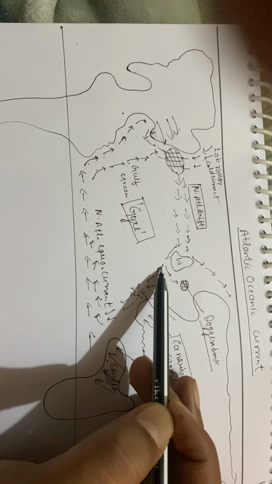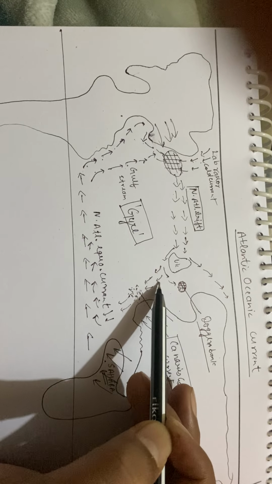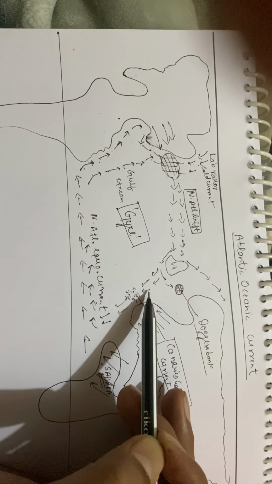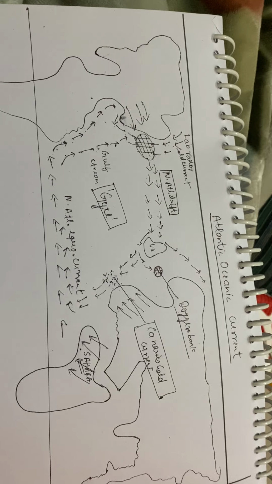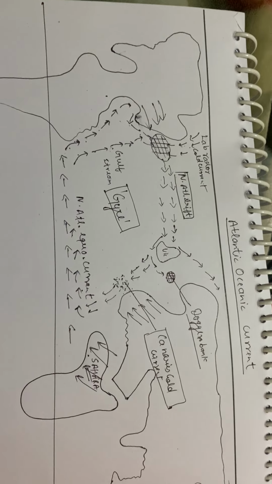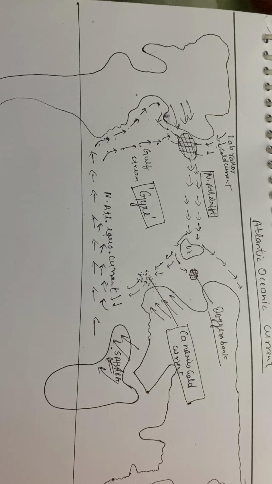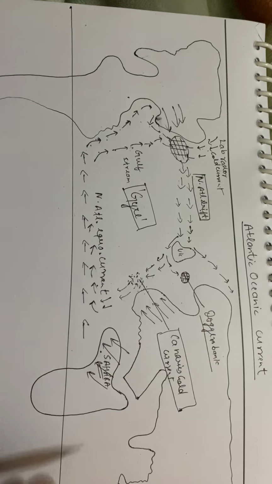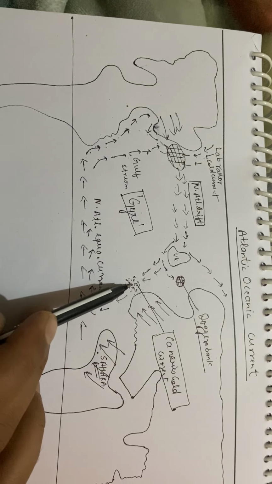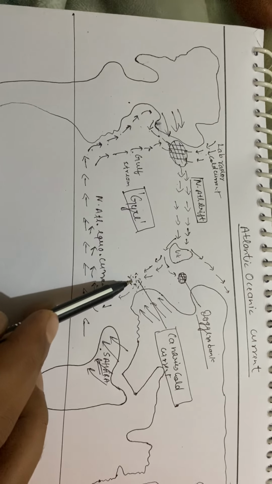And some portion of this drift will move in this direction, and due to the offshore wind, the northeast trade wind is offshore here, so you will find upwelling. If anywhere upwelling occurs, then there will surely be a desert area.